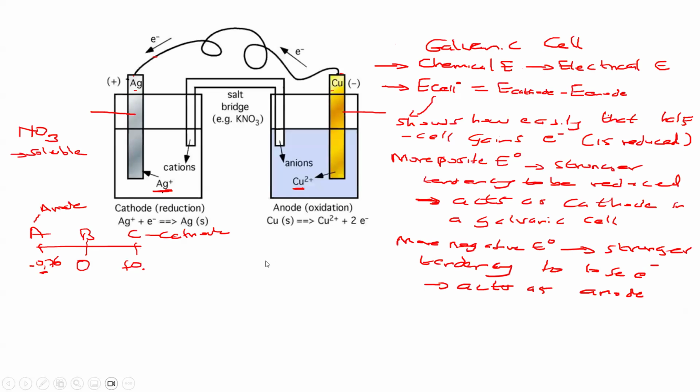Copper, solid copper, will give you Cu2+ plus 2e-, and that's the anode.